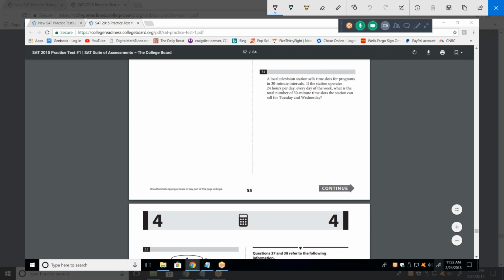All right, go on here and look at number 34. This apparently is the word problem section. So far, none of them have been terribly tough. In fact, I would say the other way around.